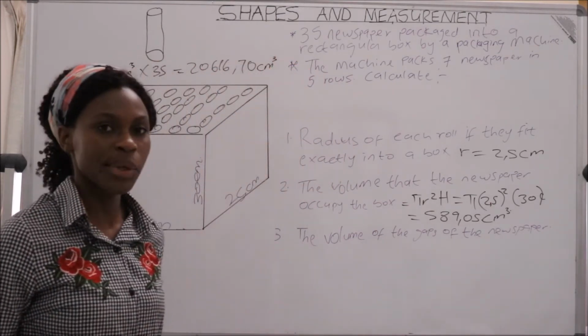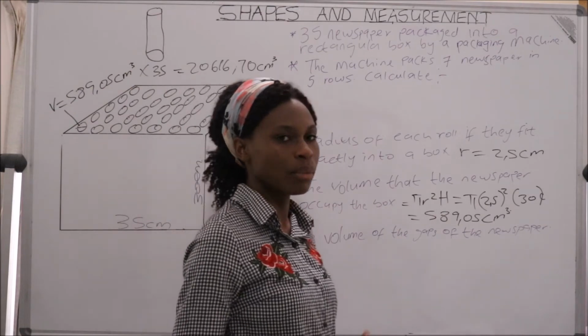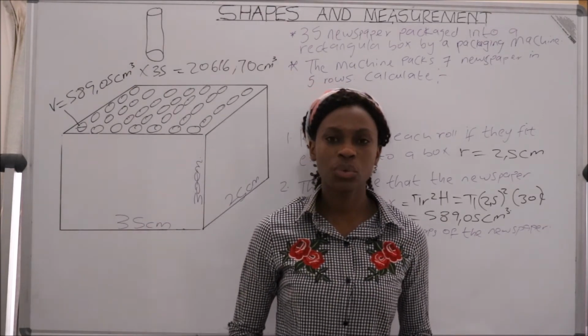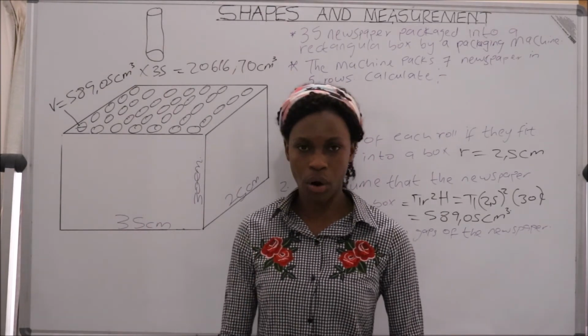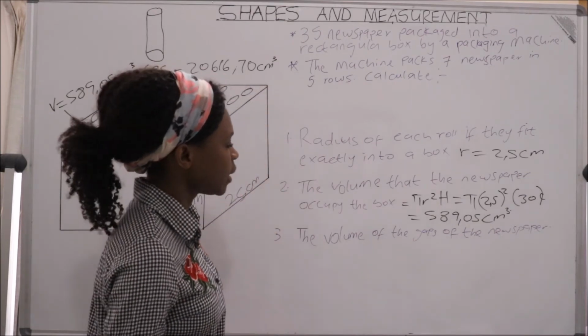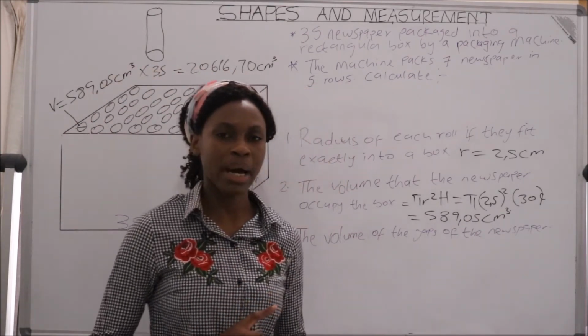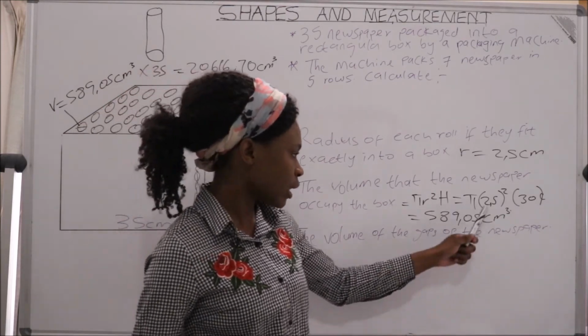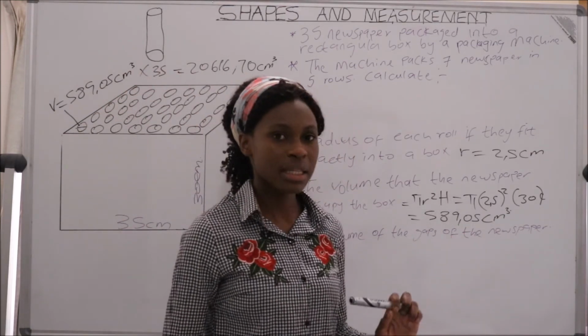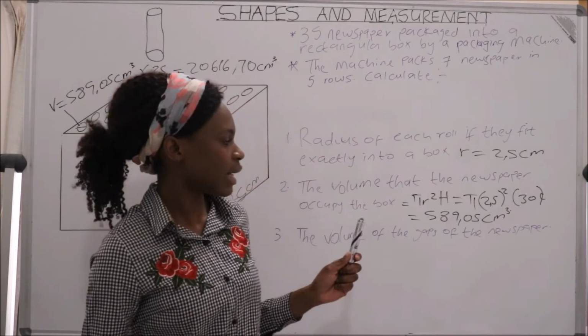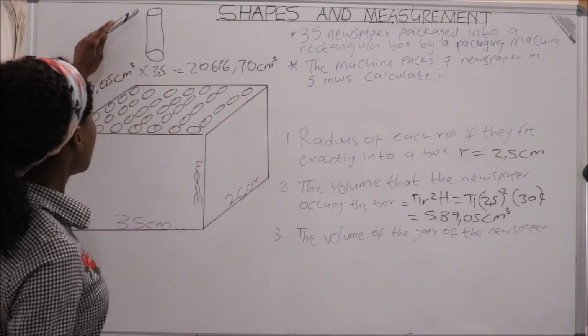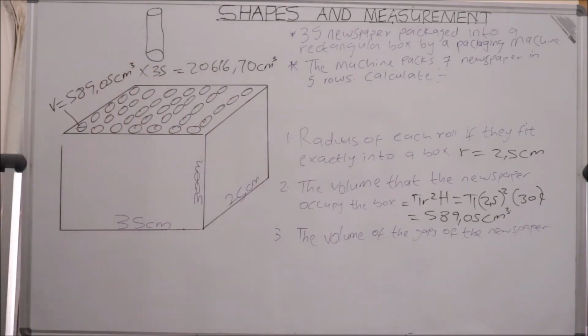The first thing that we did, now that we have the diameter and the radius, is recognize that the radius is only for one newspaper roll. So I calculated the volume that one newspaper roll occupies in the rectangular box. We know the volume of a cylinder, as this newspaper roll will look like this inside the rectangular box.